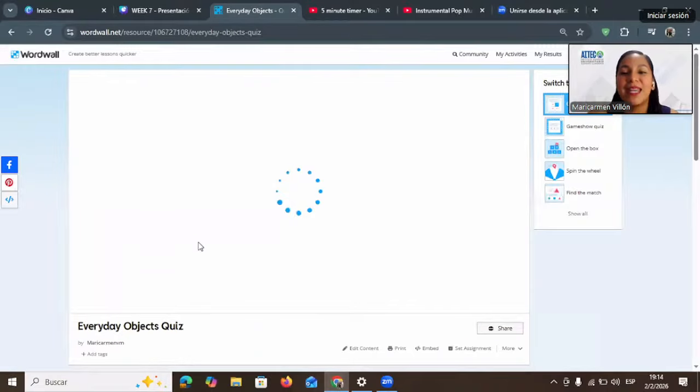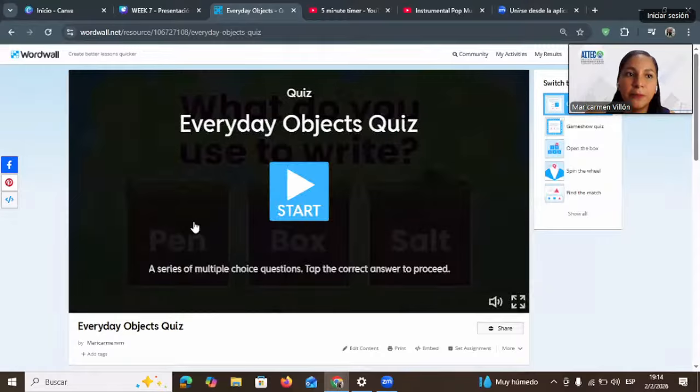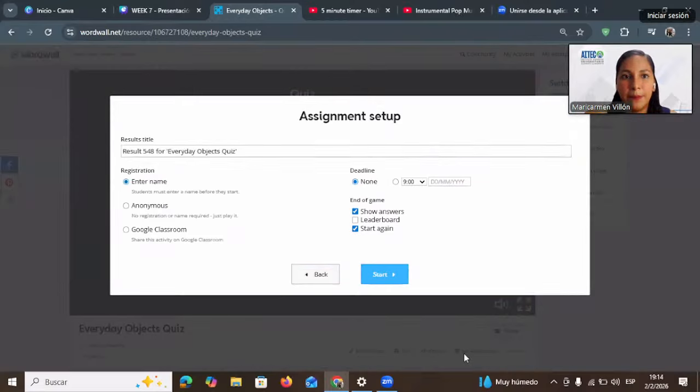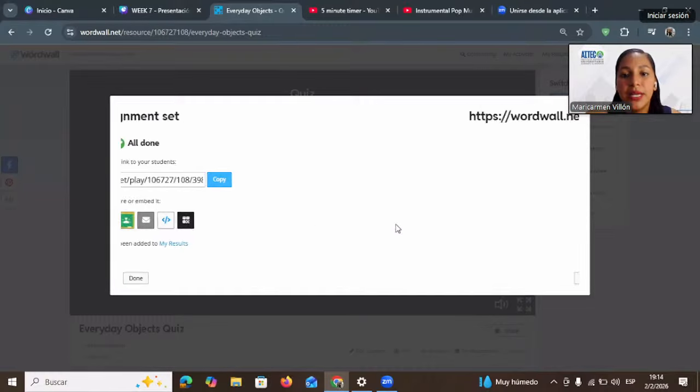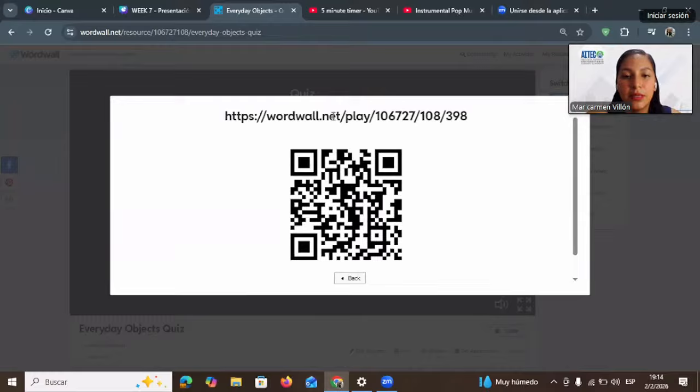Es como una pequeña lección, pero muy interactiva, ¿no? En Wordwall. Lo que estamos haciendo últimamente es jugar, ¿no? Para practicar. To practice. Hey, hi Juan, hi Andrea. So, remember, you have to enter your name. You open your camera and you scan.